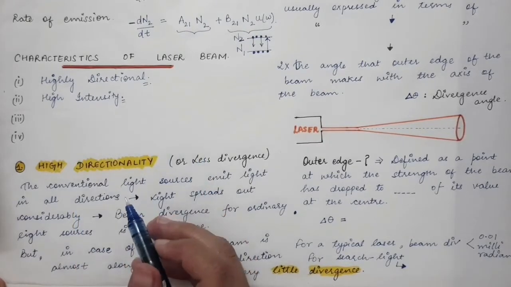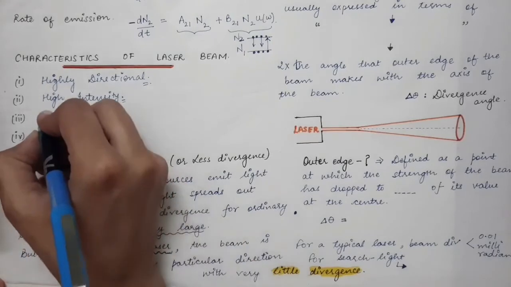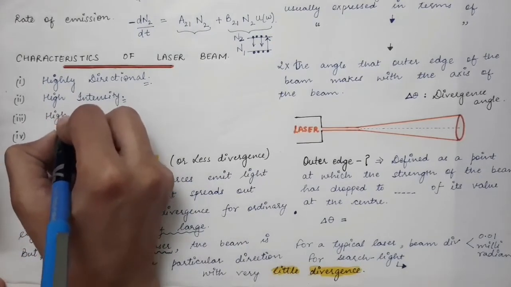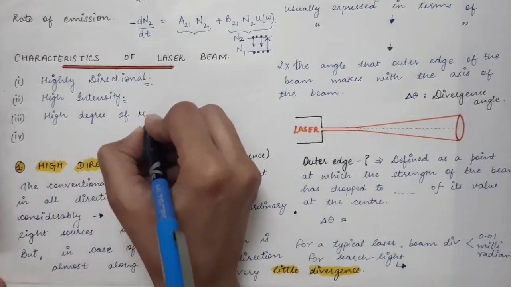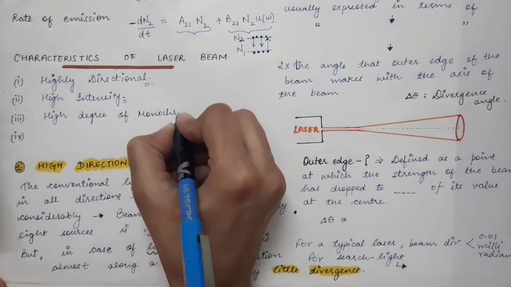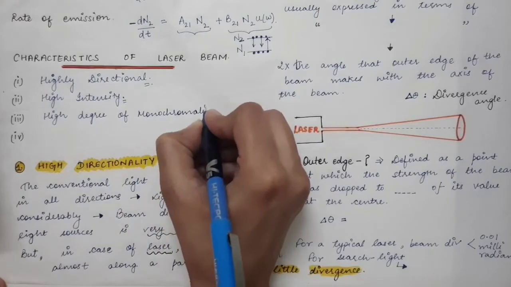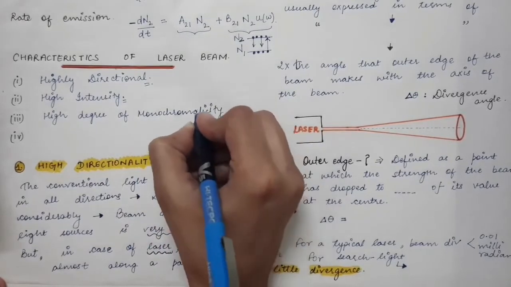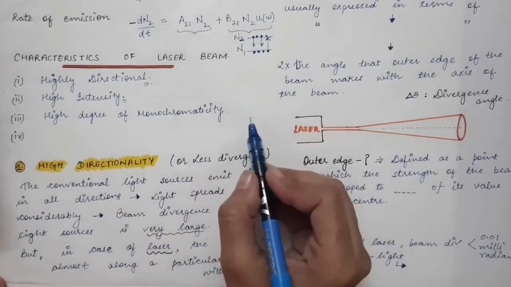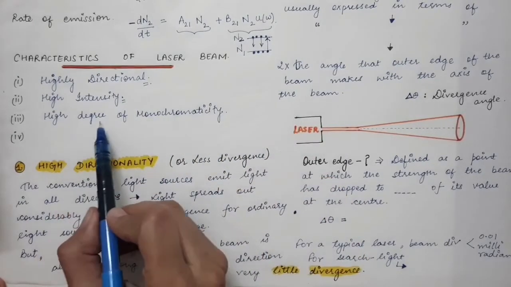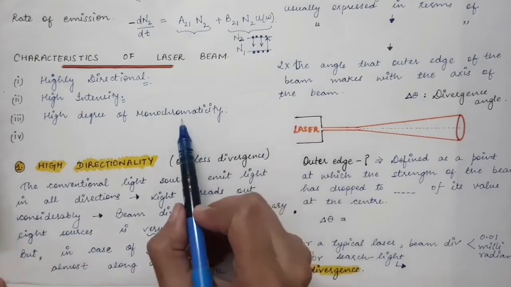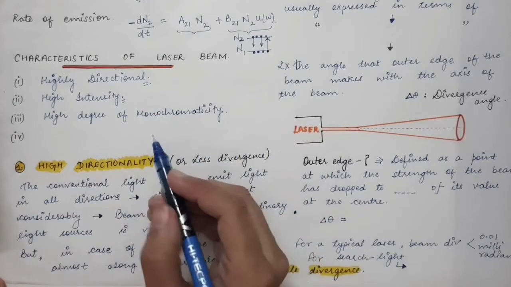Then the third property of the laser light is that it has high degree of monochromaticity. By monochromaticity, we mean a single wavelength. The laser light has high degree of monochromaticity, and we will discuss this property in just a few minutes.